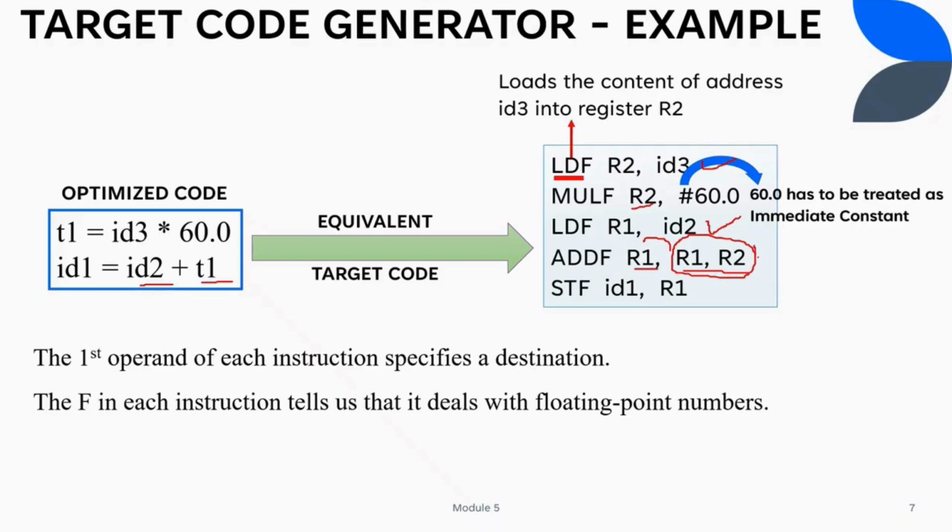Lastly, the target code will be responsible for storing the register R1 value into ID1, because whenever we are printing our final value, we always print the value which is there in the variable. Hence, whatever value is there in the register has to be stored back into the destination variable, which is ID1. This is how optimized code is converted into target code.